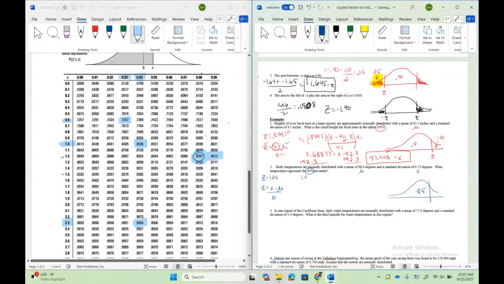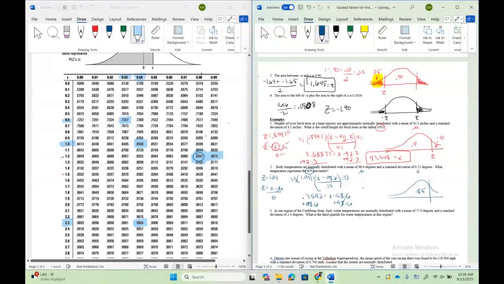So z is 1.04. It equals x minus the mean divided by the standard deviation. We multiply by that denominator first, and then we add this number here.